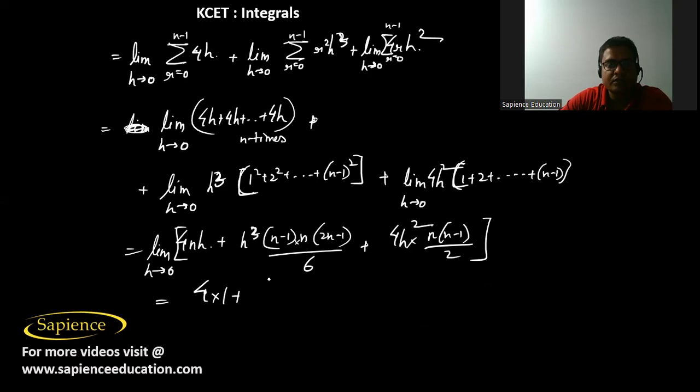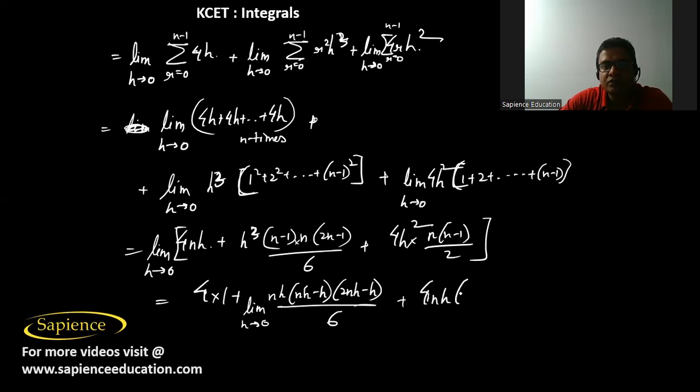And here also I can see this can be written as nh into nh minus h into 2nh minus h by 6, limit h tends to 0 and nh is 1. Plus this also can be written as 4 into nh minus h by 2, limit h tends to 0.